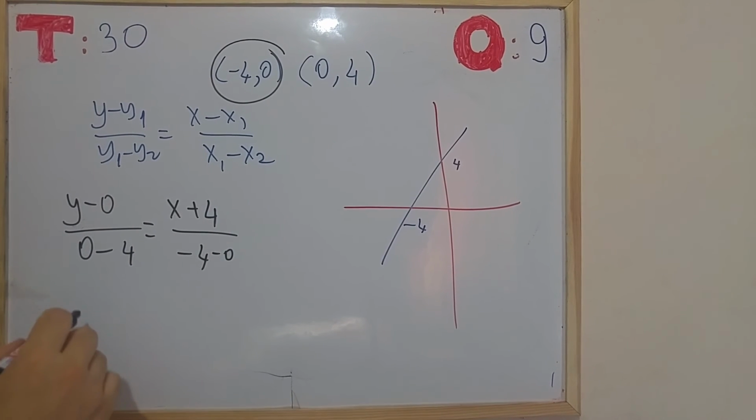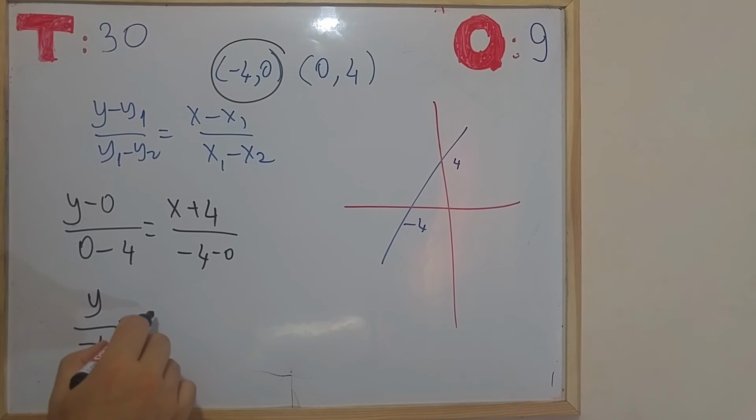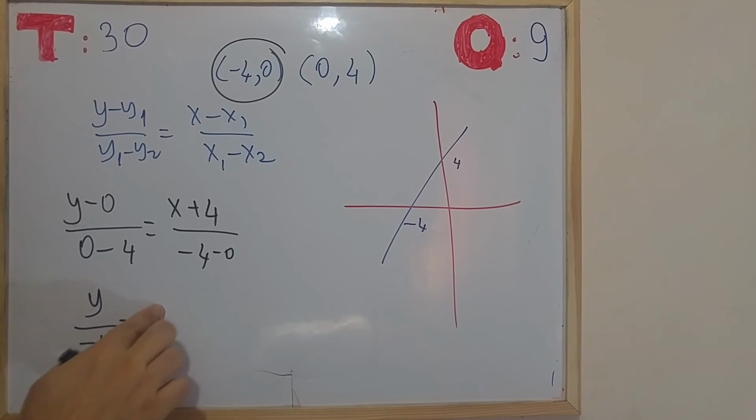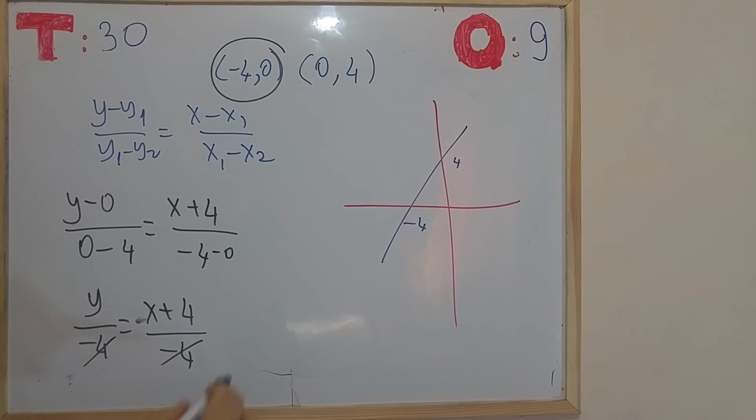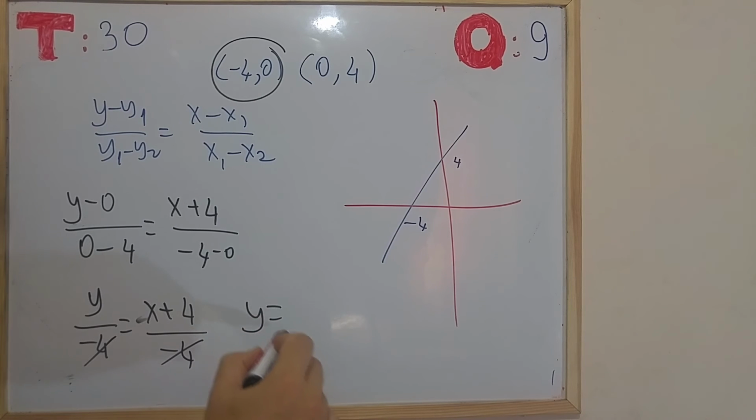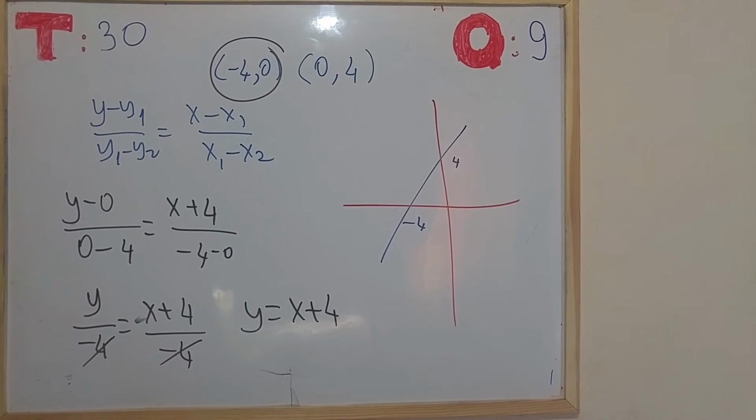So this means that we have y over minus 4 is equal to x plus 4 over minus 4. When minus 4's cancel each other out, the answer comes out to be y is equal to x plus 4.